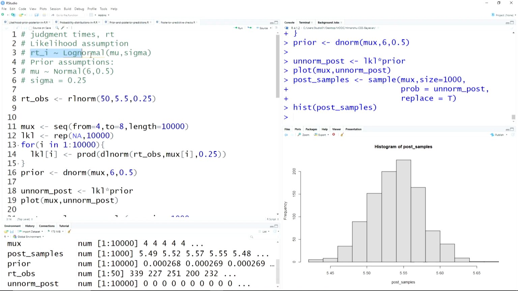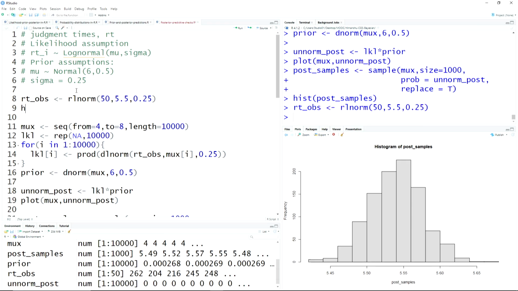So our likelihood assumption is this, that reaction time or judgment time in the ith trial comes from a log normal distribution with parameters mu and sigma. And our prior assumptions about mu and sigma are these: mu comes from Normal(6, 0.5) and sigma is fixed at 0.25, right. So these are our prior assumptions about the parameters. Now suppose RT obs is the actual observed data in this particular experiment.